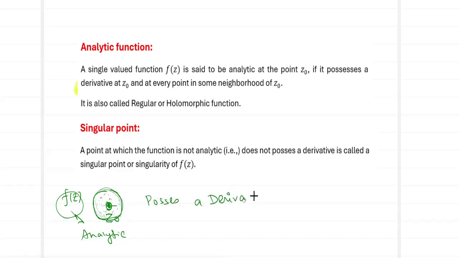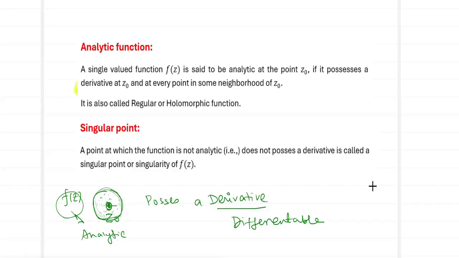So the function has to be differentiable, and what else has to be taken care of? It must be a single valued function. What do you mean by single valued function?